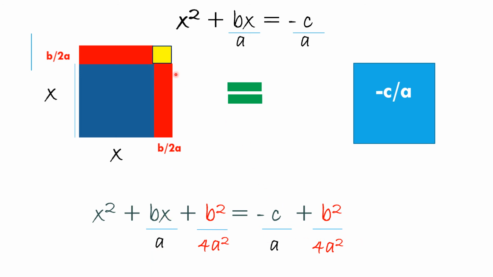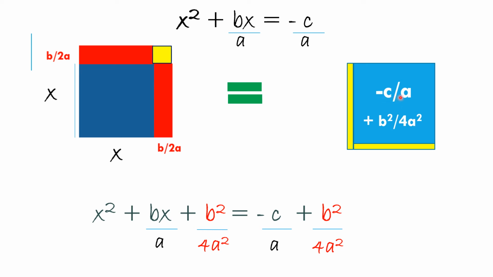So when the square is added, you are able to see the length is b upon 2a here and also b upon 2a there. So the area becomes b square upon 4a square.